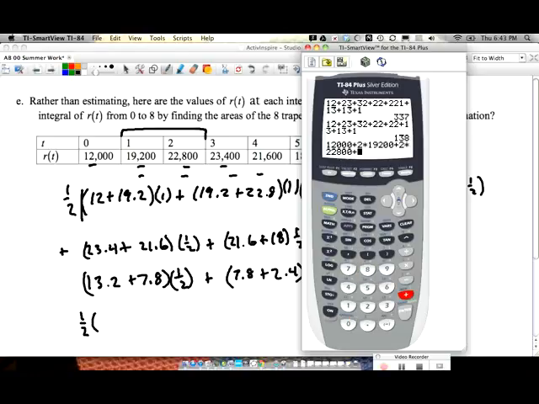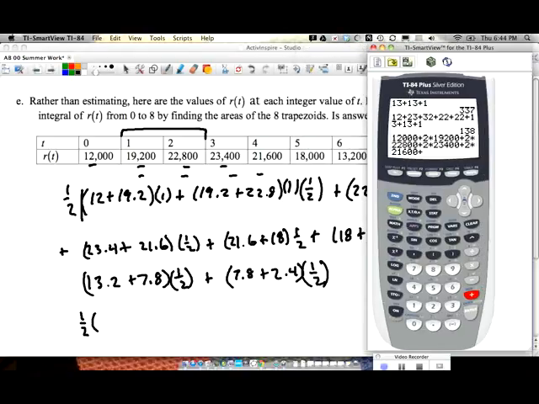Then I keep on going, repeating that same pattern, plus 2 times 23,400 plus 2 times 21,600 plus, now we got to the next one, 2 times 18,000, plus 2 times 13,200.